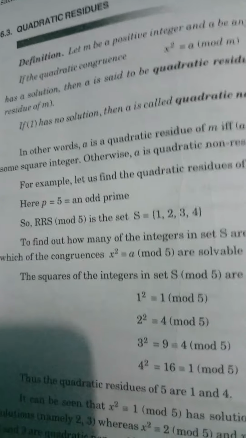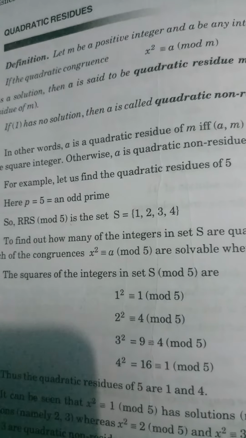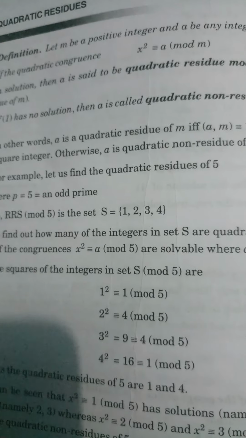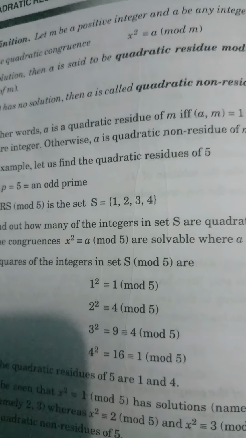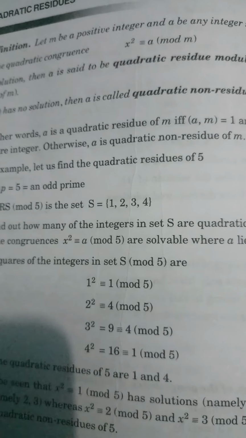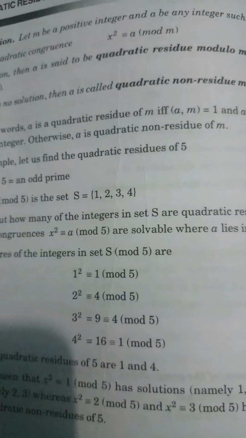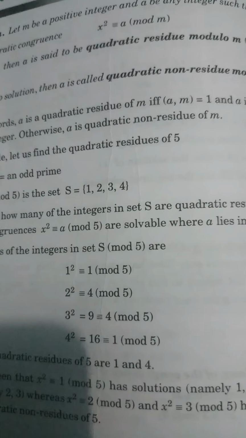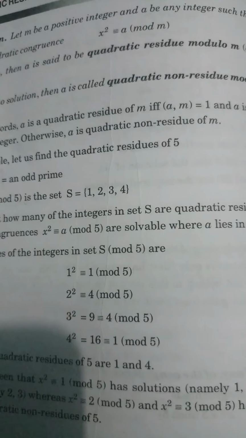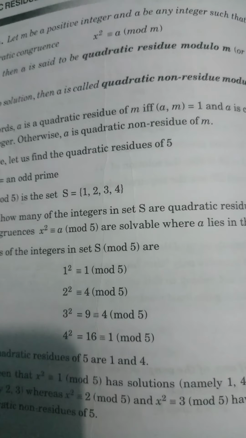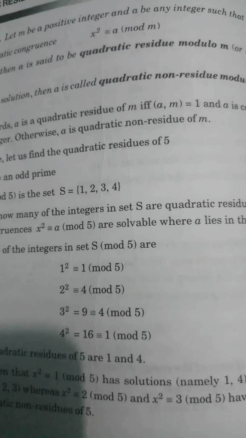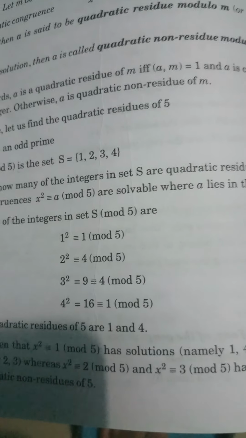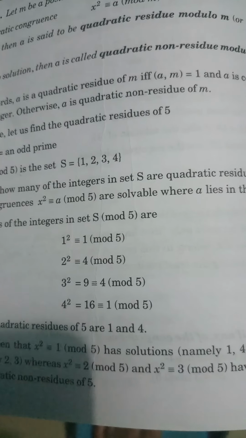The squares of the integers in set S mod 5 are: 1 square is congruent to 1 mod 5, see, 5 divides 1 minus 1, okay. 2 square is 4, congruent to 4 mod 5. 3 square is 9, congruent to 4 mod 5. 4 square is 16, congruent to 1 mod 5.